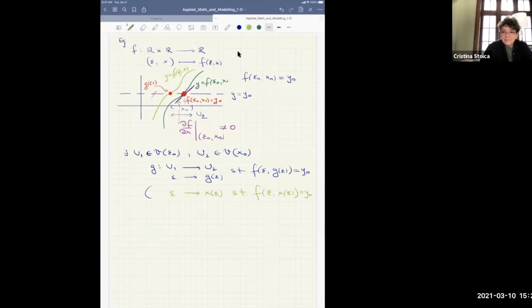But it's an abuse of language; I cannot call it x of epsilon unless I'm thinking of it as the g. And then they say the root of f of epsilon and x equals y naught, so the root x naught.